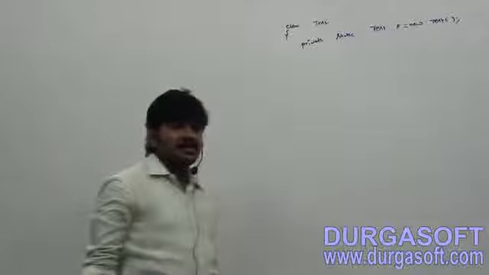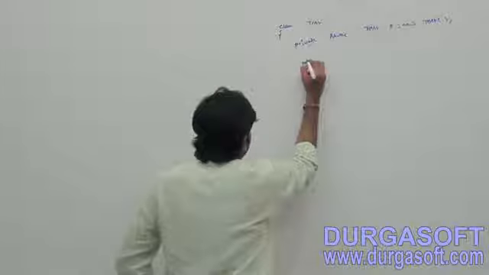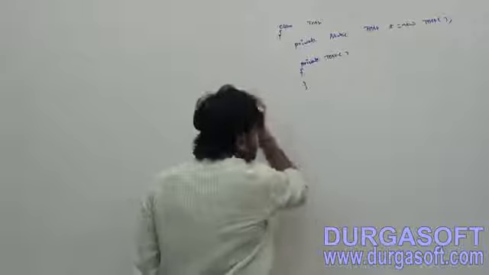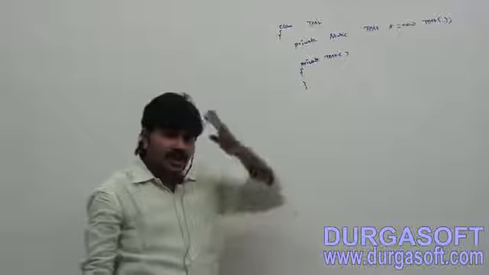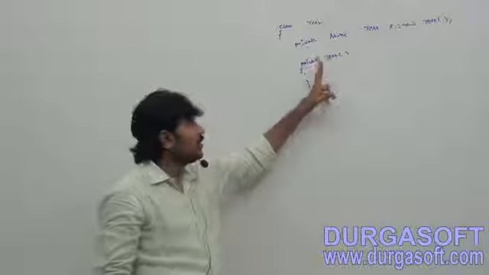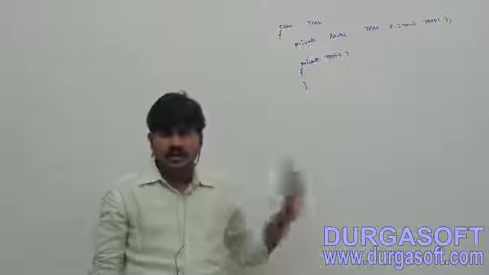Let me take the constructor as private, because if it is not private, an outside person can call it. He can create as many objects as he wants outside of the Test class. With a private constructor he can't call it, he can't create an object.